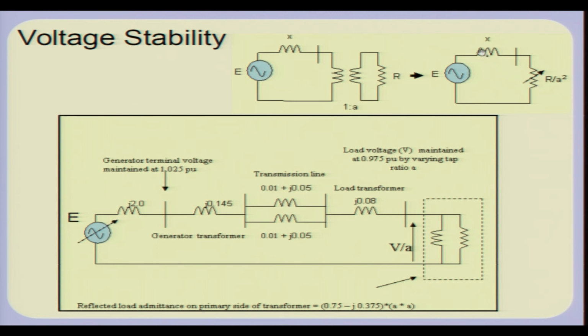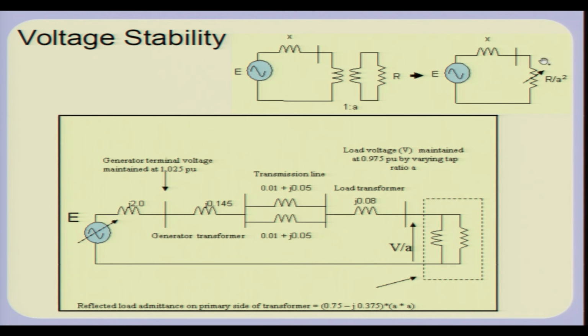Now, if it increases A, the voltage here will increase provided the reflected resistance R by A square is greater than X. I am sorry, what I should say is, as long as R by A square is greater than X, this action will produce the intended effects.